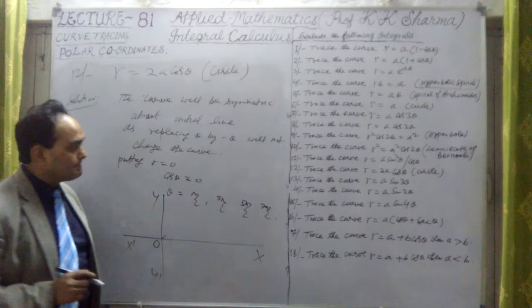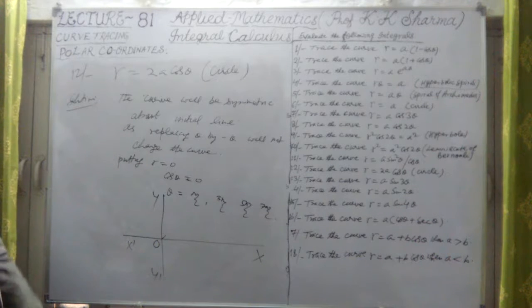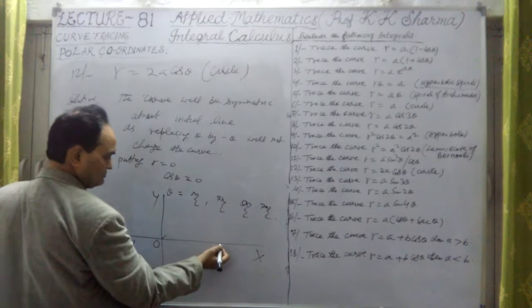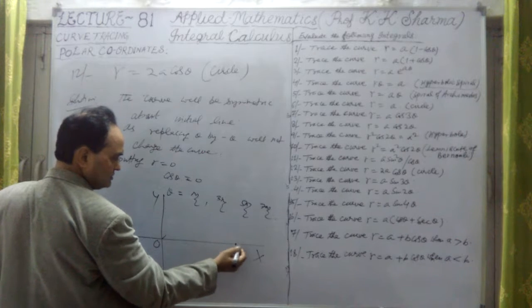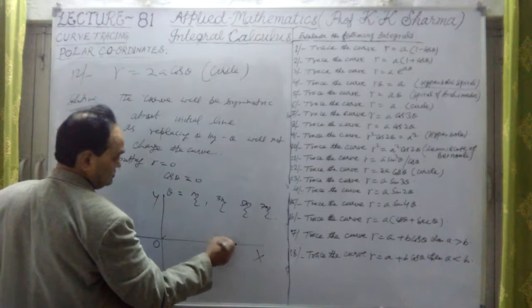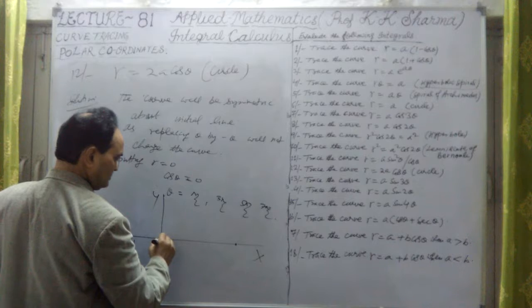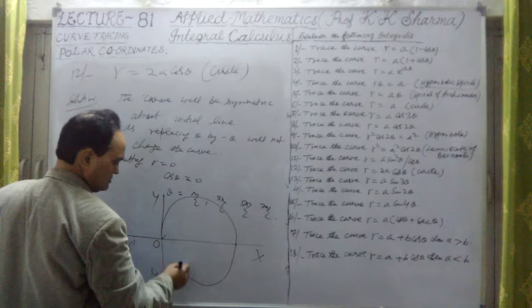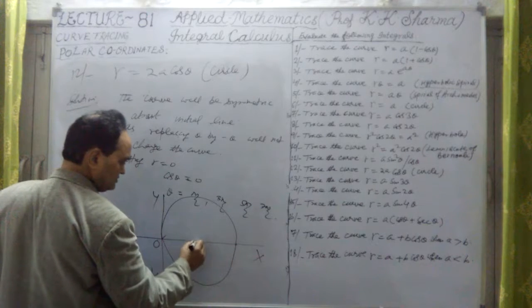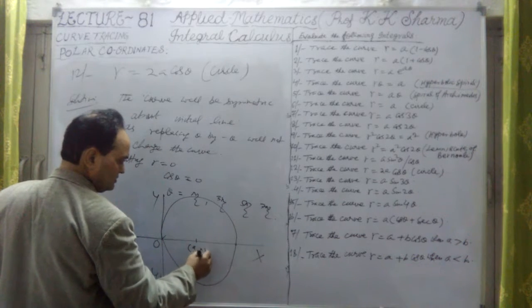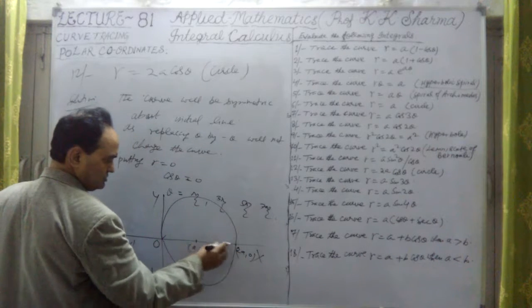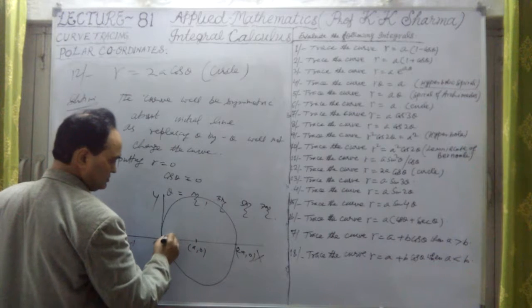At different values, sorry, at 0, r is twice a. The maximum value is twice a here. At 0 degrees theta is 0, so r is twice a. It means the circle is like this, with center at a, 0, and the diameter is twice a.